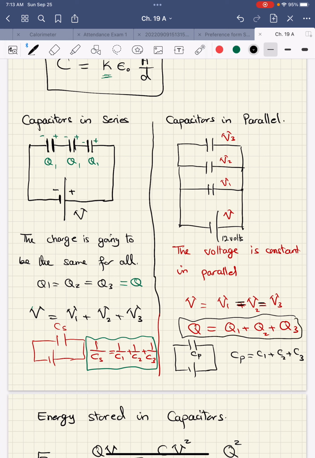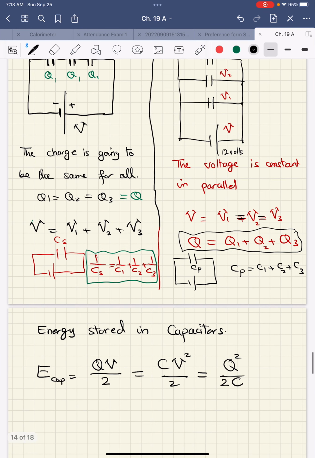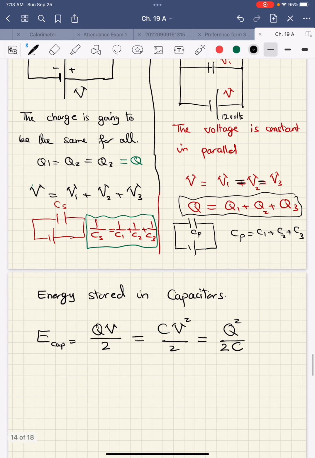And if I want to calculate the capacitance in parallel, I'm going to add all the capacitances. All right. Now, most of the time, I don't have just a single arrangement. You will find that they're going to be mixed, and I'm going to show you how we're going to do that process.